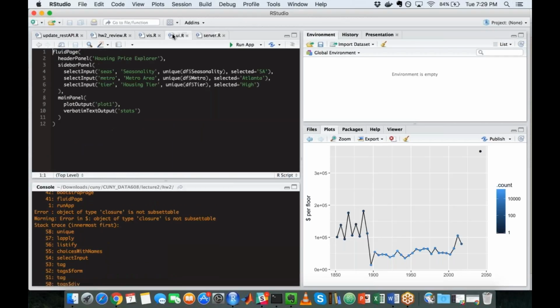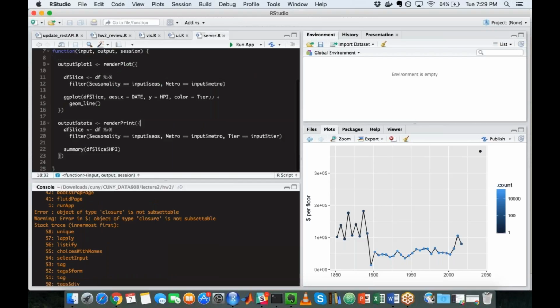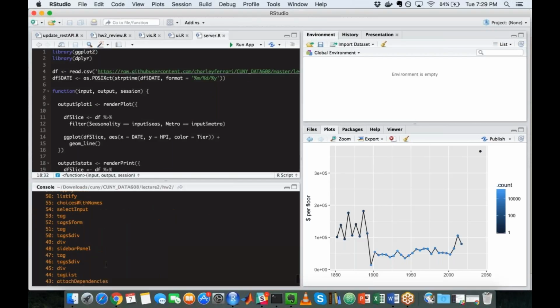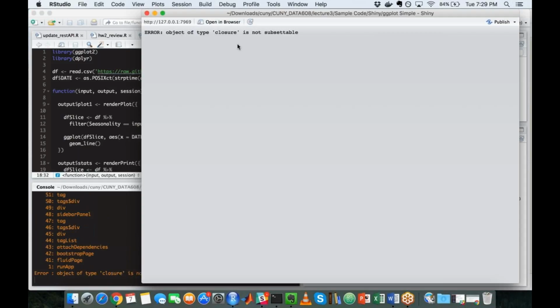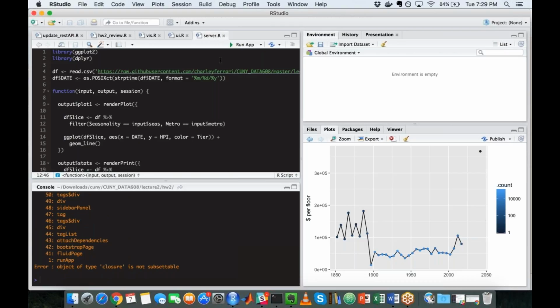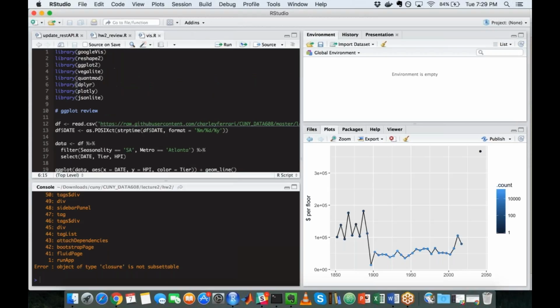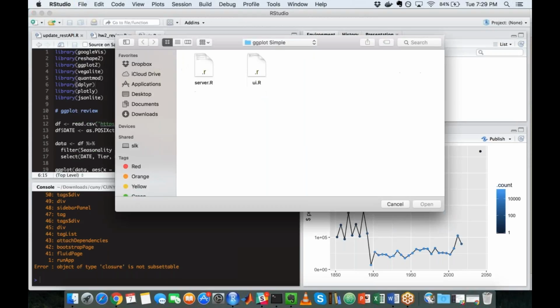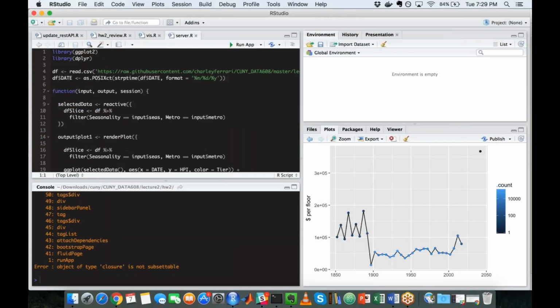So it looks like it's happening in here. And I bet I just need to bring in the library. Nope. Dangers of live coding. So there shouldn't be any issues with this, but for some reason, let me try opening up this here.